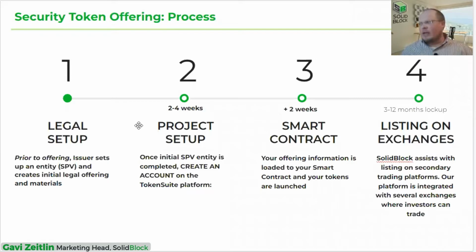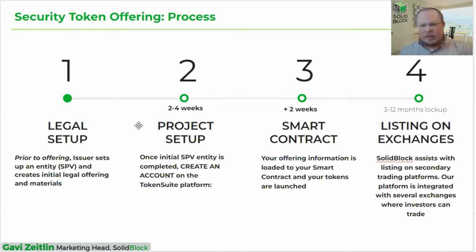What the smart contract essentially does is take all of the details and all the logic from your PPM and digitize it, putting it into a smart contract on the blockchain. The tokens are then managed and controlled by that smart contract in an automated, transparent, and immutable way for the benefit of everyone who owns those tokens.